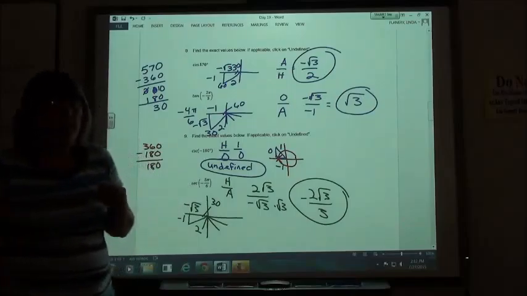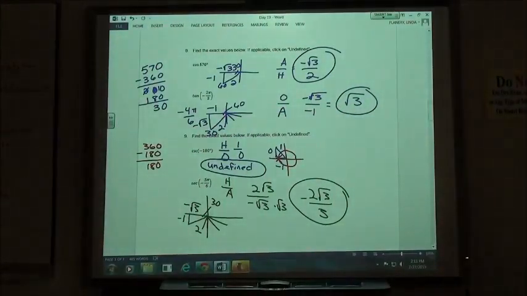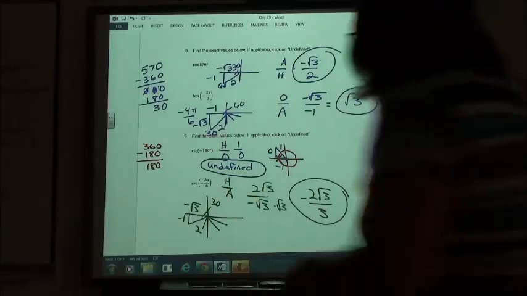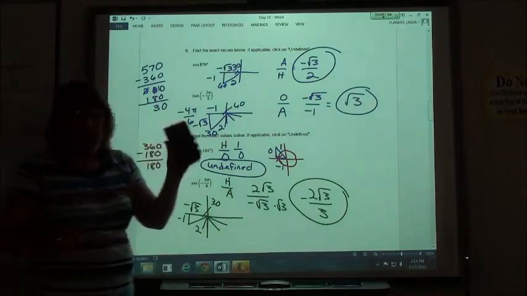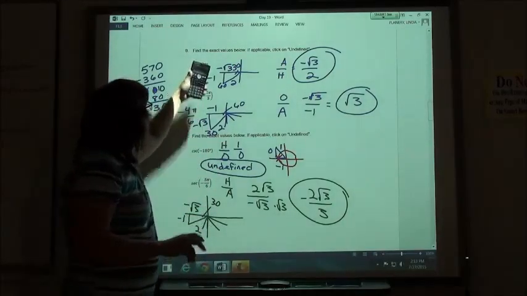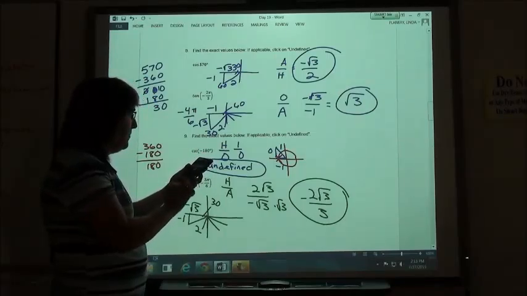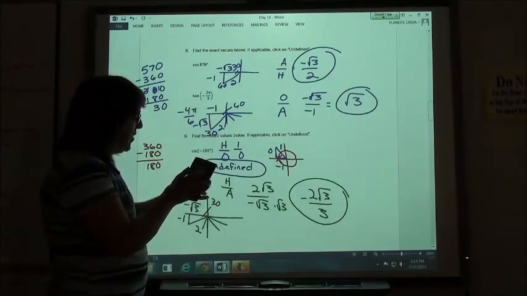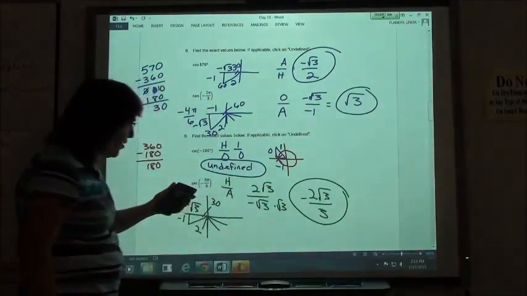By the way, on some of these you could use your calculator. I haven't mentioned that before, but sine, cosine, and tangent, if I have the degree measure, I could use my calculator. If I put in cosine of 570, it doesn't give me a very nice answer because I had square root of 3 over 2, or negative square root of 3 over 2.